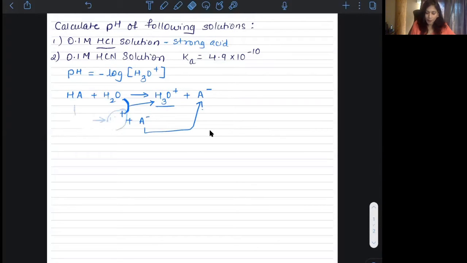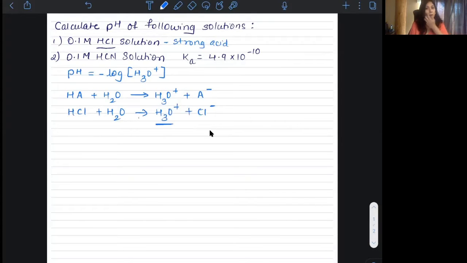So let's go back to calculating pH using this particular formula. In this case, when I'm looking into an HCl solution, HCl is combining with water to give you hydronium ions and Cl minus ions. To calculate pH, we are going to look into this concentration given by the HCl solution.